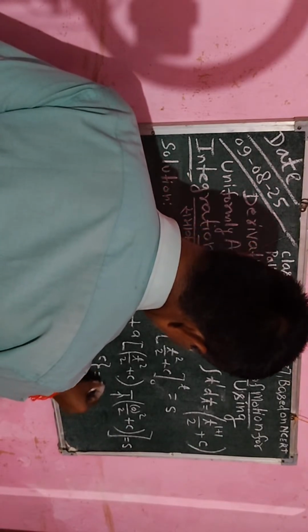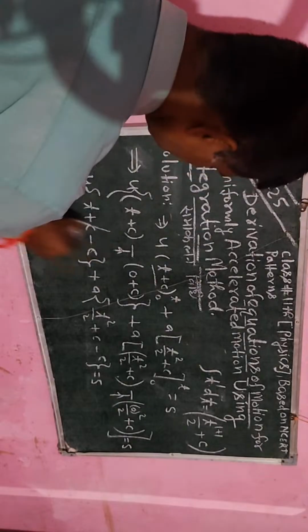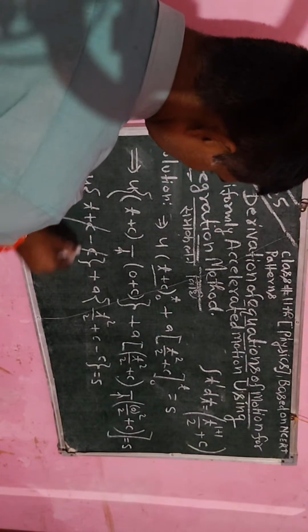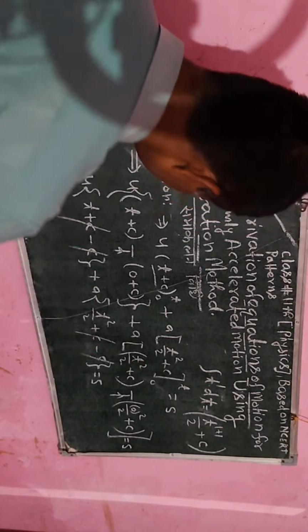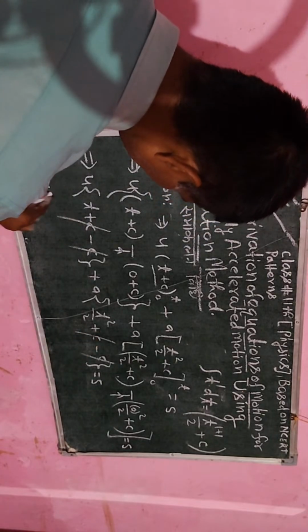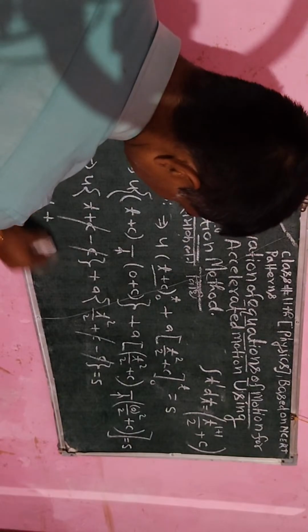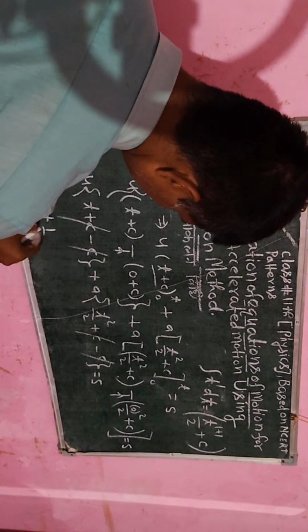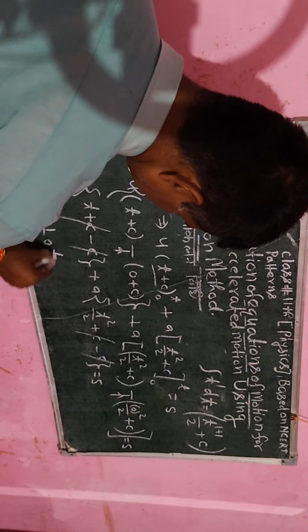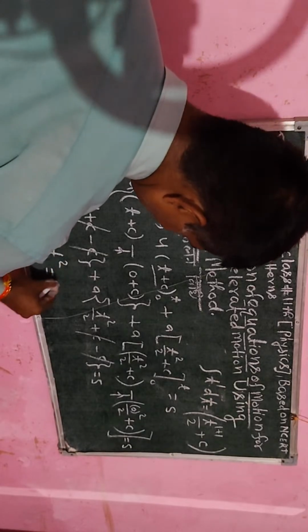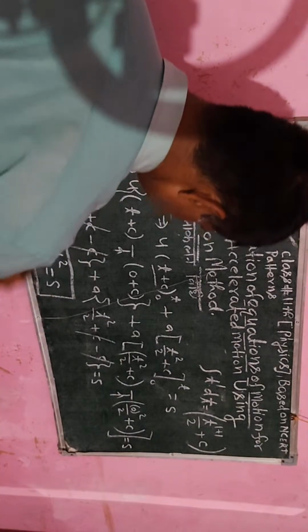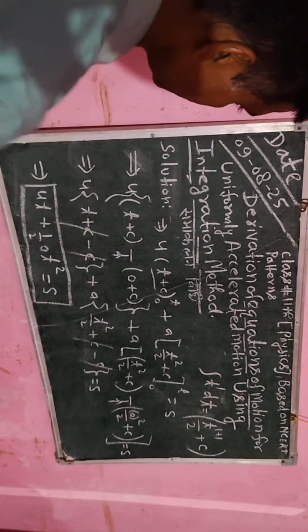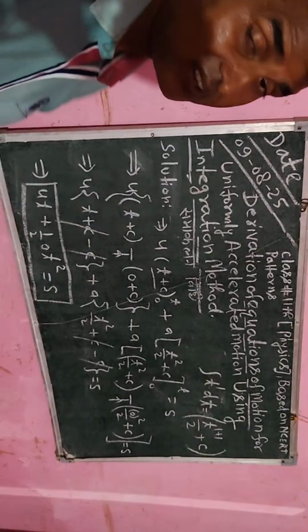So c and c will be cancelled out. After cancelling I will write u into t plus 1 by 2 a t square, which is equal to s. This is the second equation of motion I have proved with the help of the integration method.